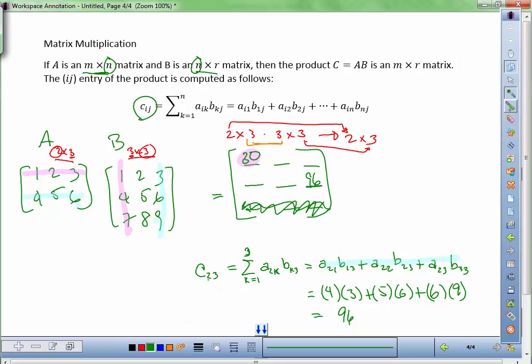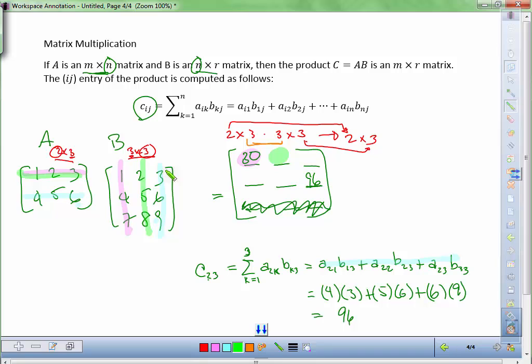So to find the next entry, if I wanted this entry, I would still be in the first row, but this time in the second column. So the first row and the second column of the second matrix. And I would do that dot product, 2, 1, 3 dotted with 2, 5, 8, which is 10, 12, 12 plus 24, 36.